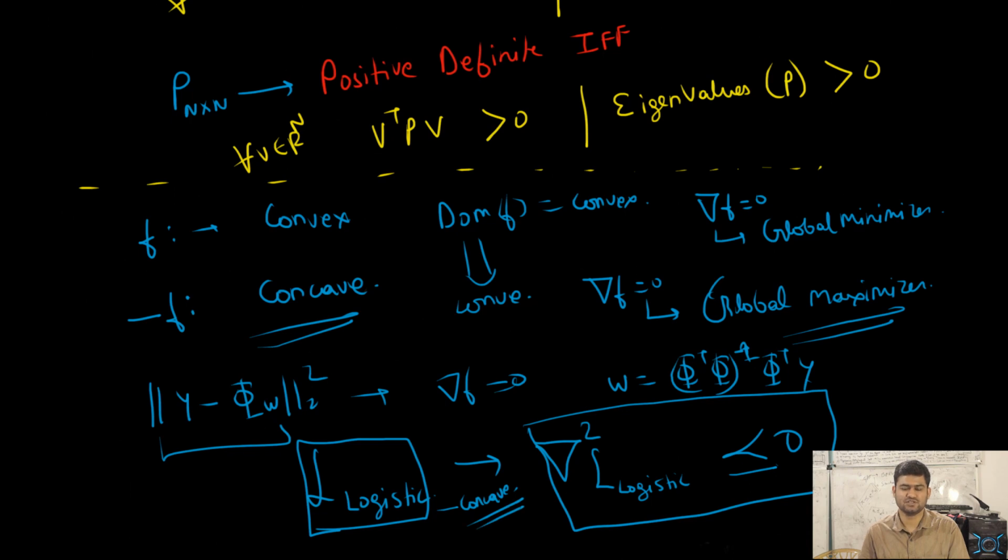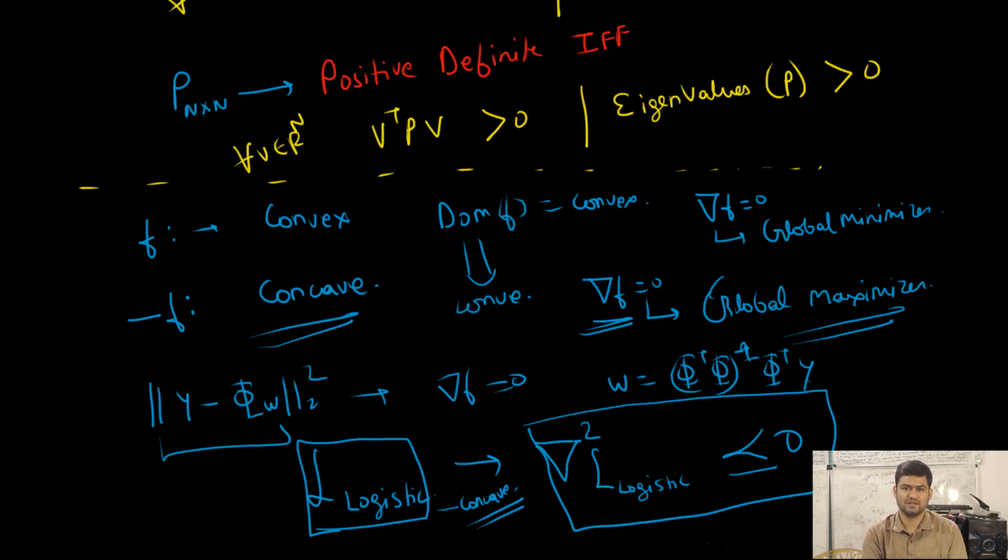And for a concave function, the global maximizer is a point at which the gradient is 0. That's why we set the gradient to 0 to obtain the optimum.